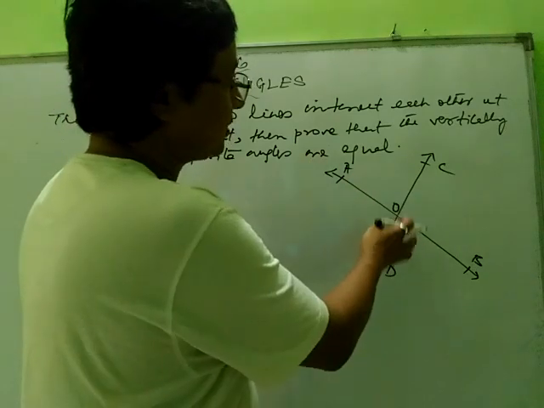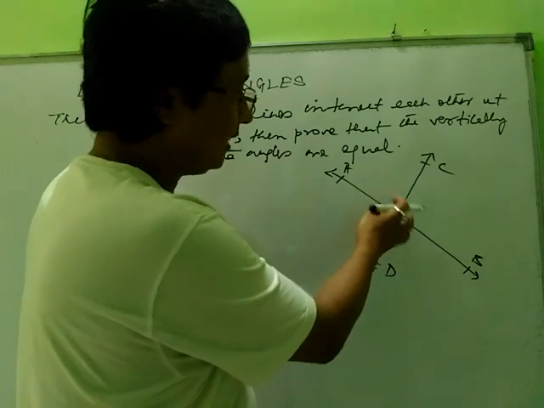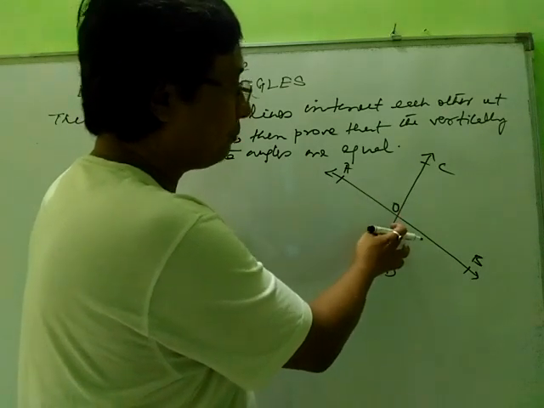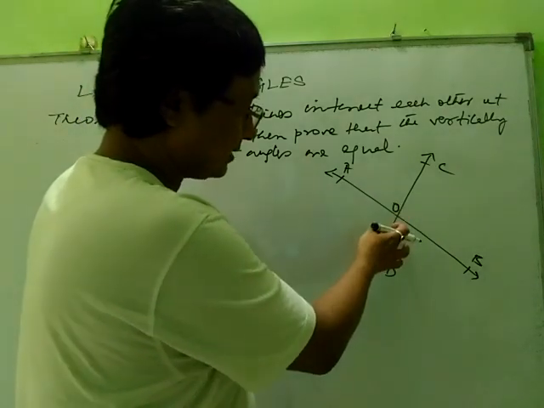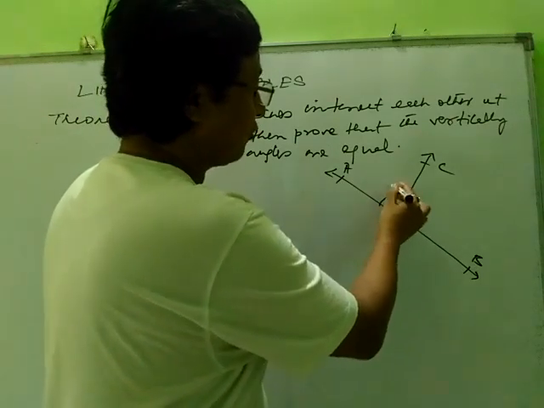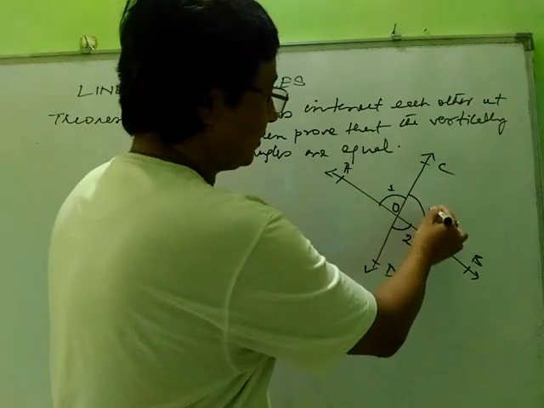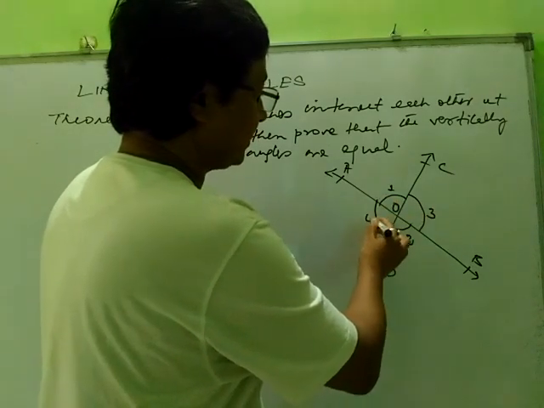These opposite pairs of angles are called the vertically opposite angles. So they should be equal. You have got two pairs: one is this with this, the second one is these two opposite angles. Let us give this as 1, this is 2, this will be 3, and let us take this as 4.